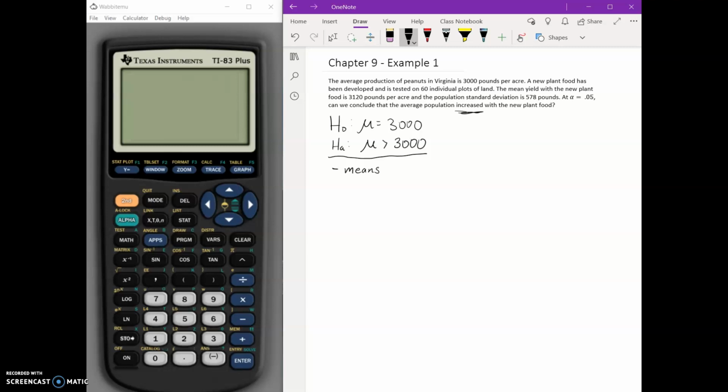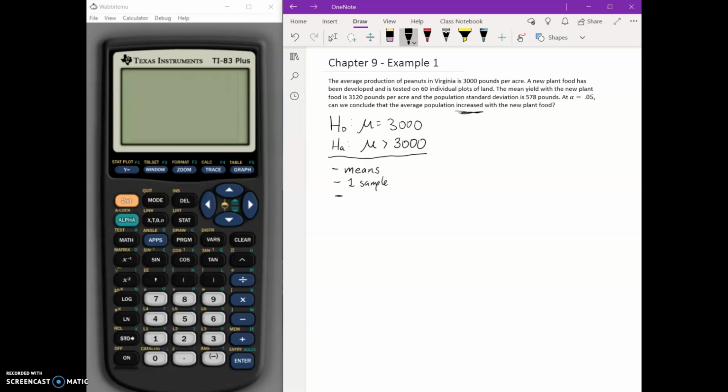We're going to get to those later, but it's going to be means. Another thing is that we just have a single sample. So we just have one sample. We're not looking at two different groups or anything. We'll get to that later on in the class, but right now we're looking at means, and there's just a single sample.